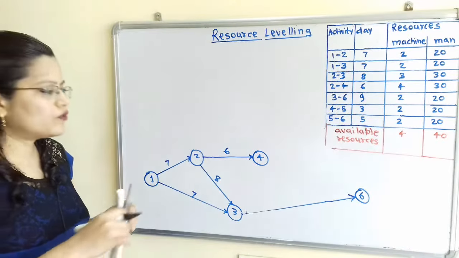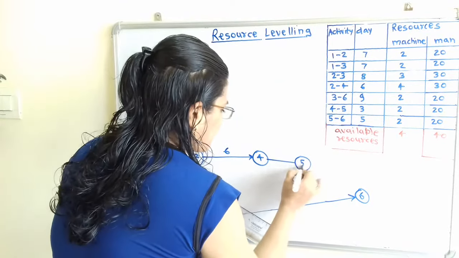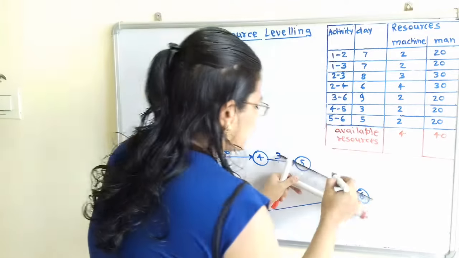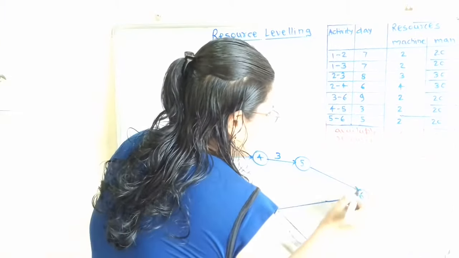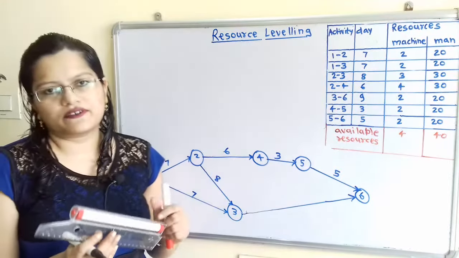Then 4 to 5, which is 3 days, and then 5 to 6, which is 5 days. So this is the completion of the network.